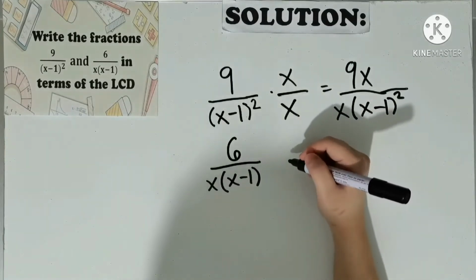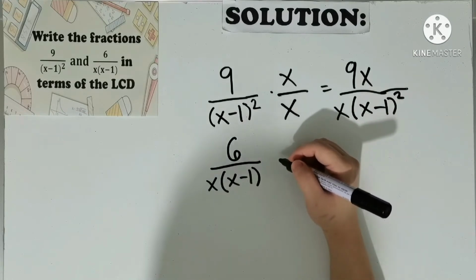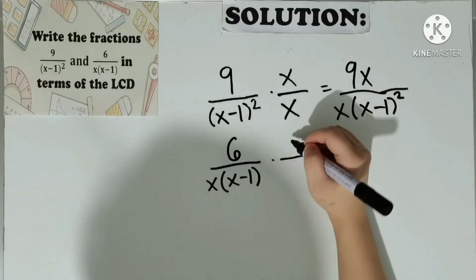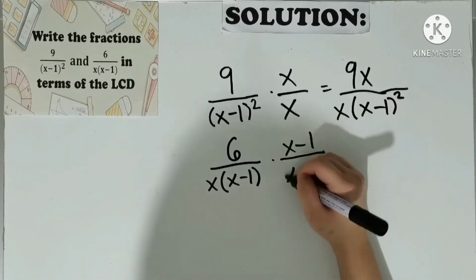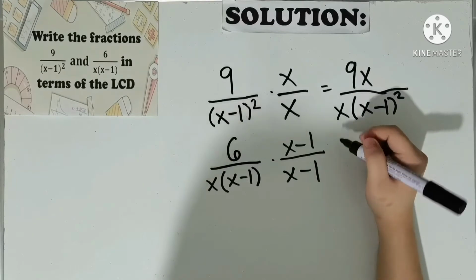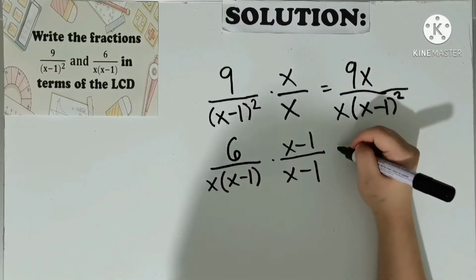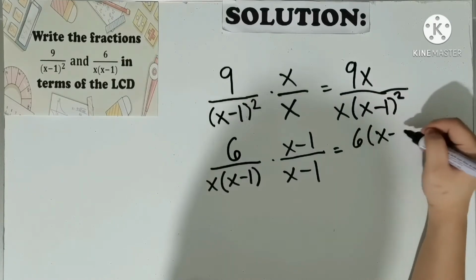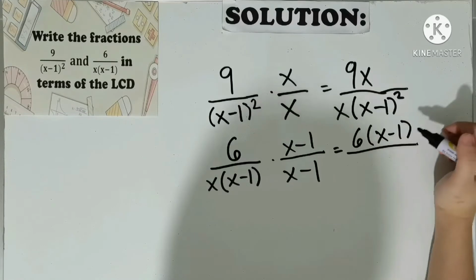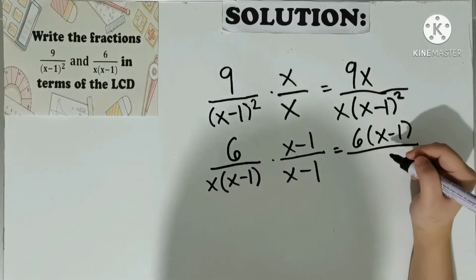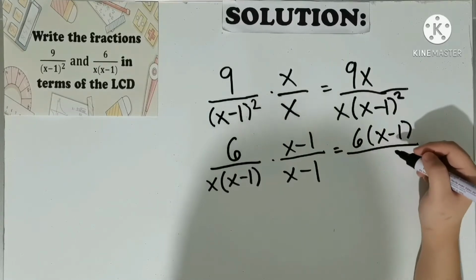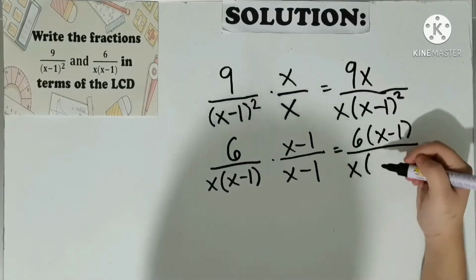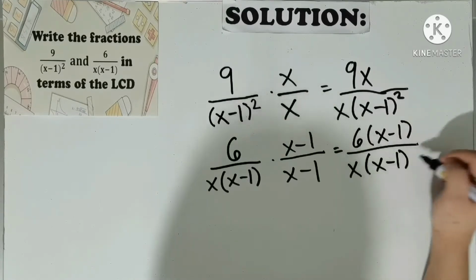And let's multiply 6 over x multiplied by the quantity x minus 1 by the quantity x minus 1 over x minus 1. 6 times x minus 1 is equal to 6 multiplied by the quantity x minus 1 over x multiplied by the quantity x minus 1 times x minus 1, which is equal to x multiplied by the quantity x minus 1 squared.